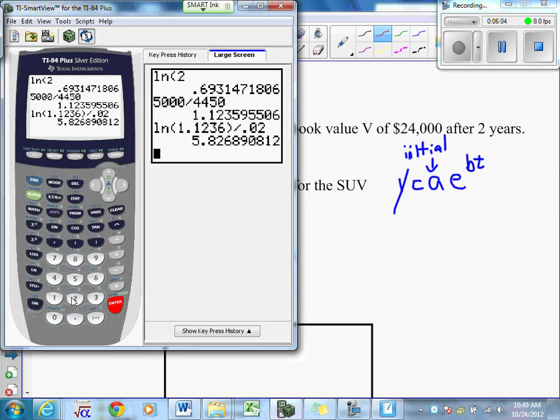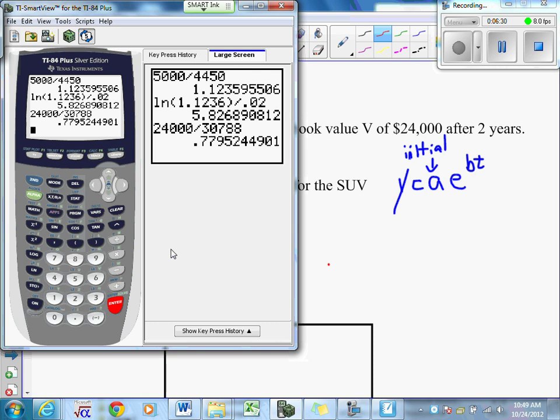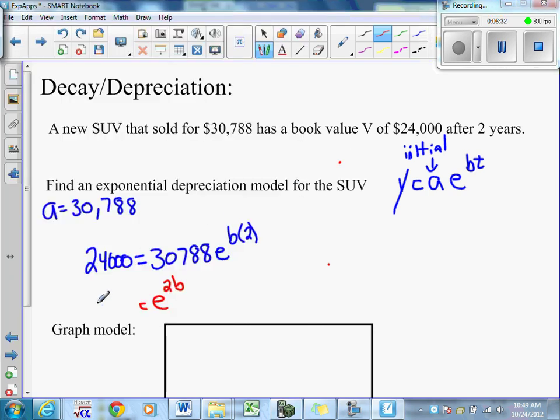Once again, I'm going to take 24,000 and divide it by 30,788. So I get 0.7795.